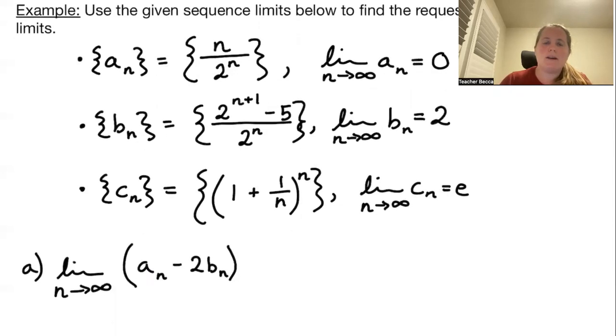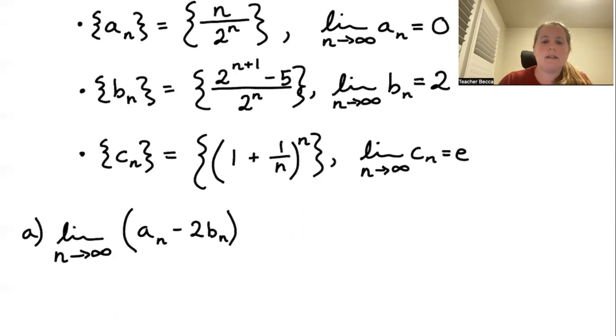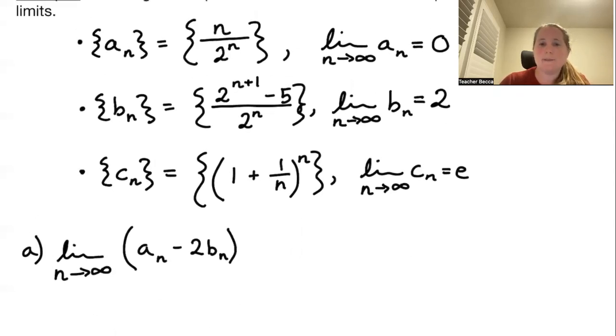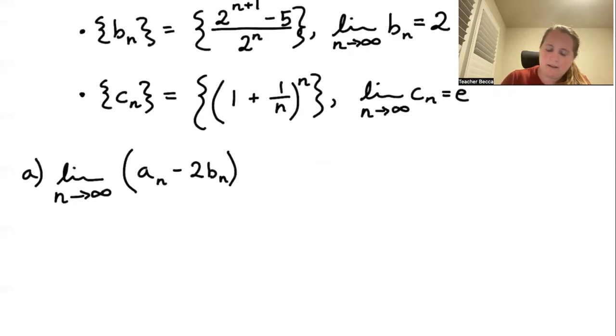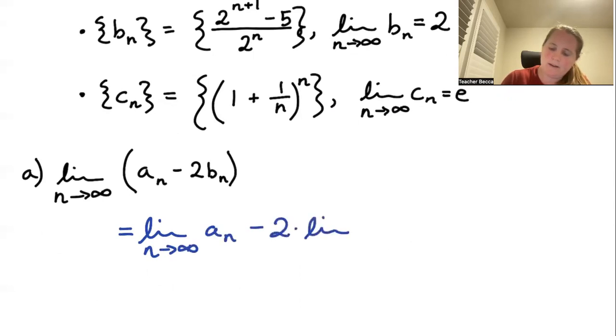So if I wanted to find the limit as n goes to infinity of a sub n minus 2 times b sub n, this should be precisely the same thing as taking the limit as n goes to infinity of a sub n, and then subtracting off 2 times the limit as n goes to infinity of b sub n.